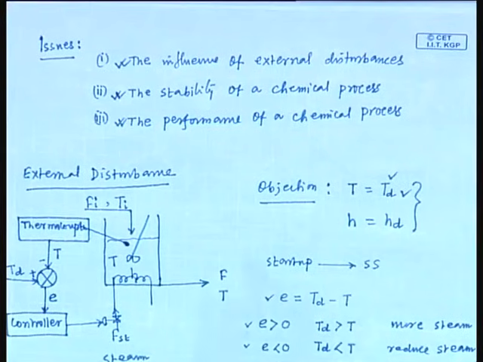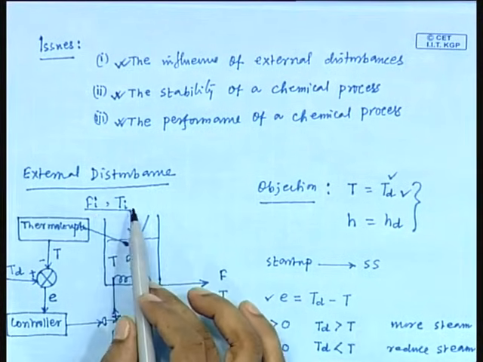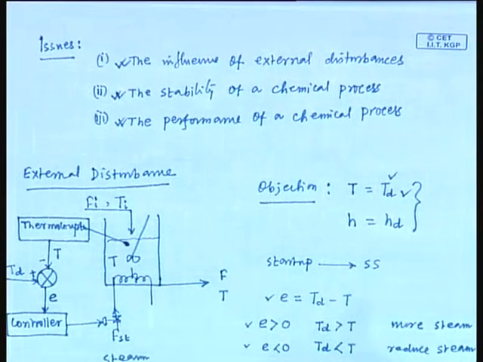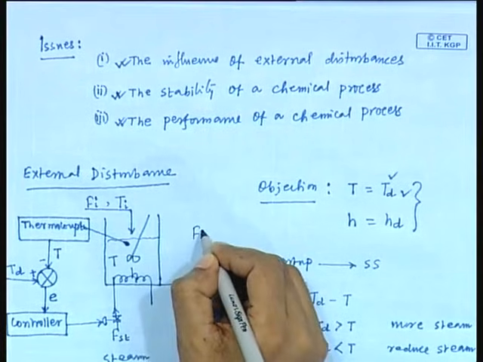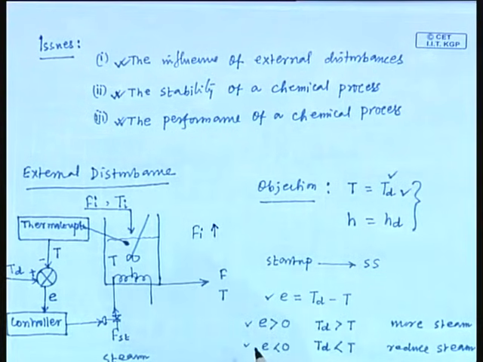Now, we have to introduce this fact in terms of the disturbance. Here the disturbance is basically the feed flow rate and temperature. Suppose the feed flow rate Fi has increased.